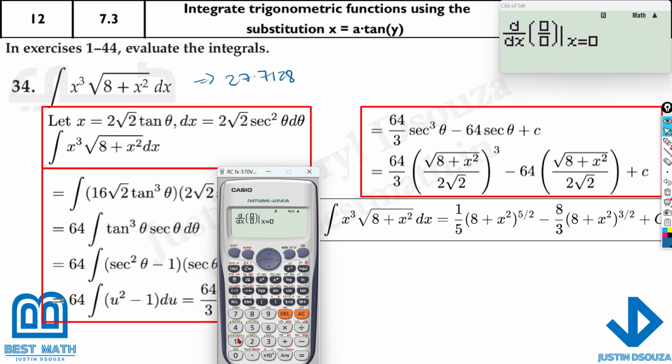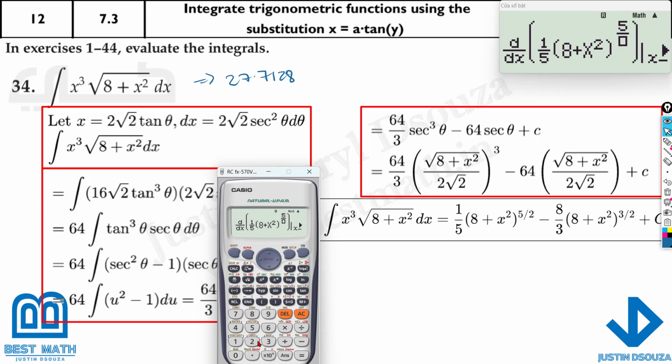It'll be 1 by 5 times, open the bracket, 8 plus x squared, and then close the bracket and raise it to the power 5 by 2, which is 2.5. You can write 5 by 2 itself, minus 8 by 3 times 8 plus x squared, close the bracket, raise it to the power 3 by 2, which is 1.5.